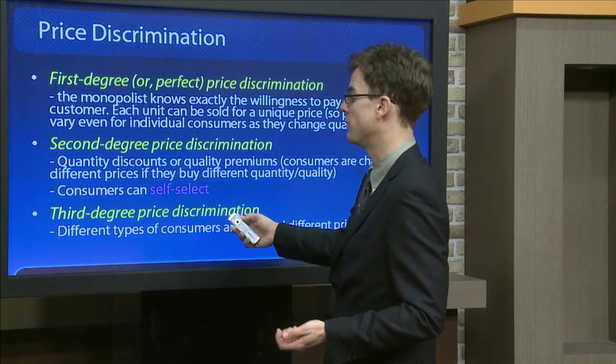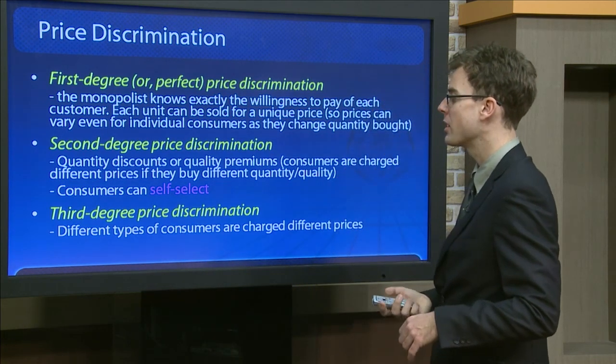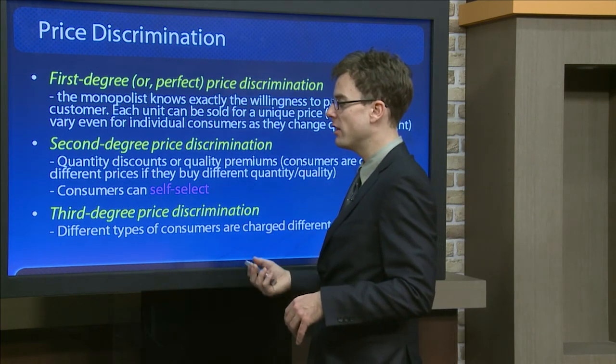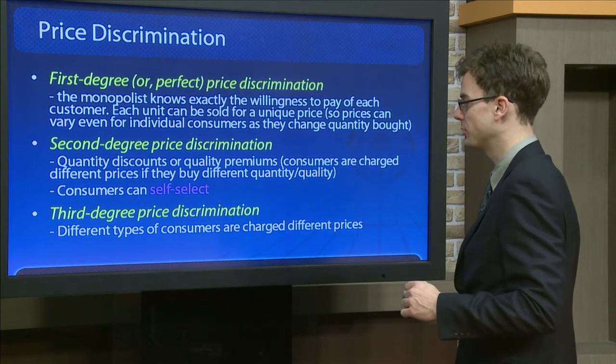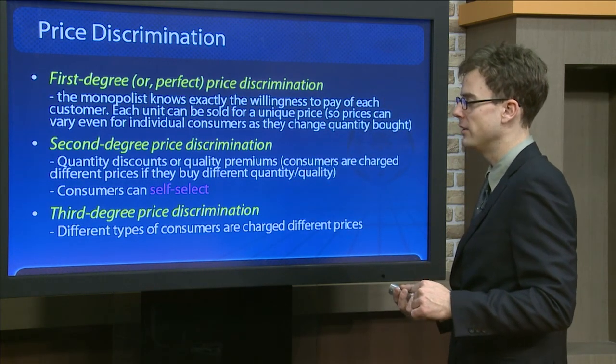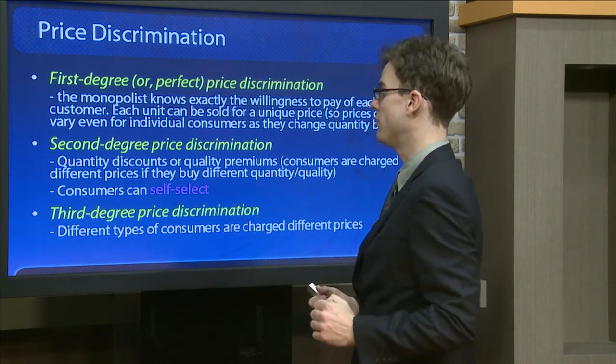Third degree price discrimination is in a way similar to first degree price discrimination. It happens when there are easily identifiable different groups of consumers, and the monopolist can charge different groups of consumers different prices.